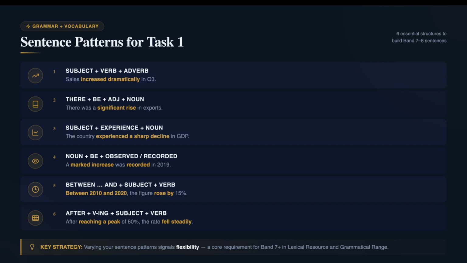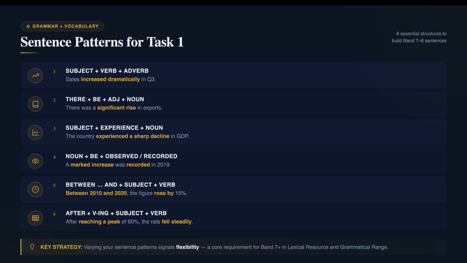Okay, so there, was is the past form of verb to be, significant is an adjective, and rise is a noun. So there was a significant rise in exports. It followed our sentence structure.